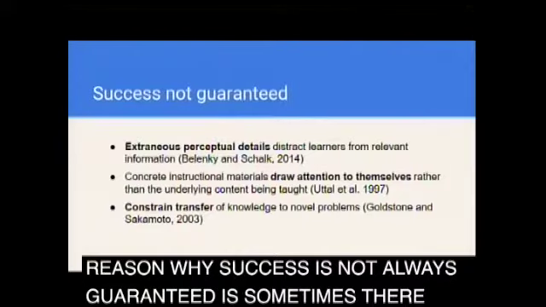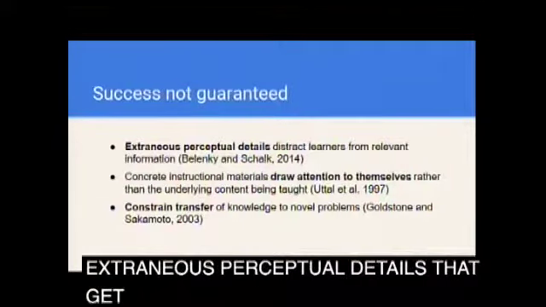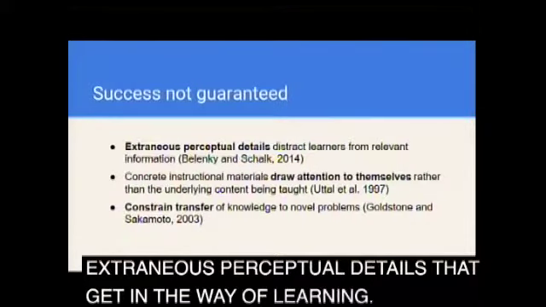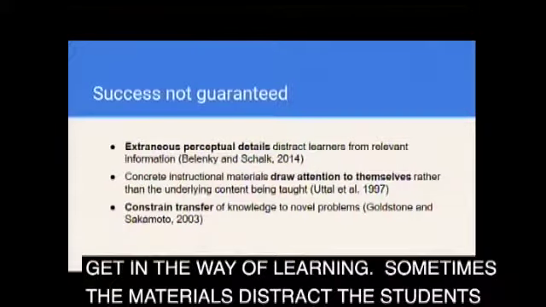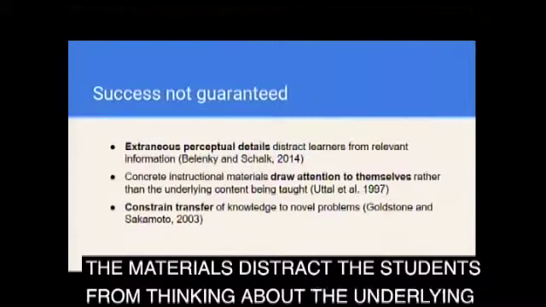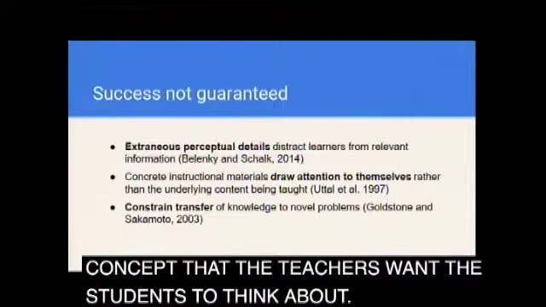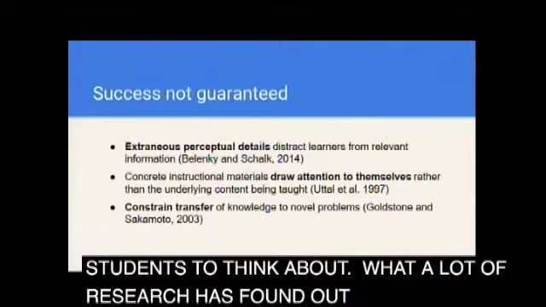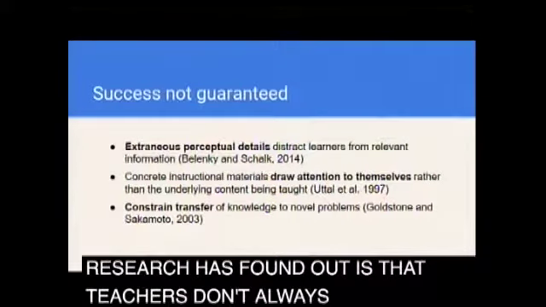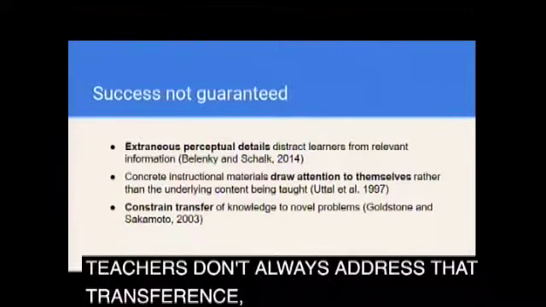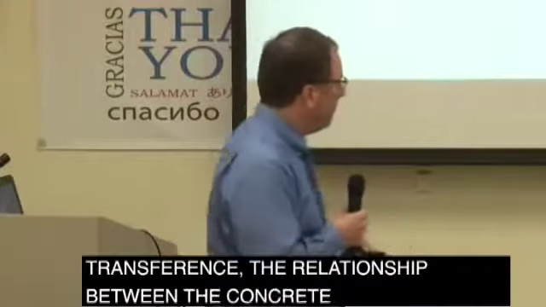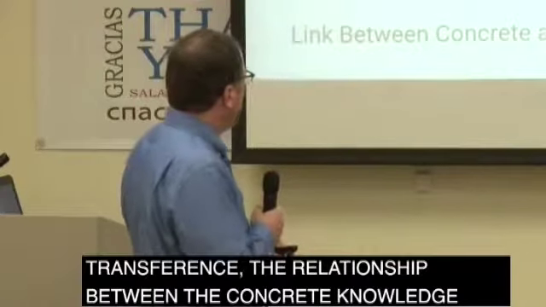Sometimes the materials distract the students from thinking about the underlying content that the teachers want the students to think about. And what a lot of research has found is that teachers don't always address that transference, the relationship between the concrete knowledge and the abstract symbols that they're connected with.